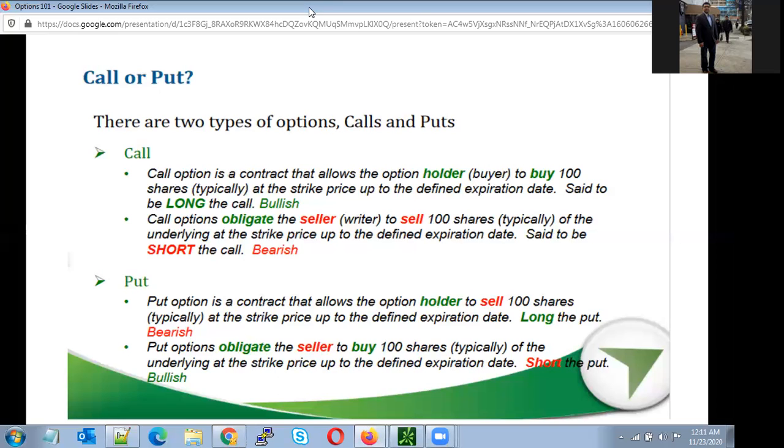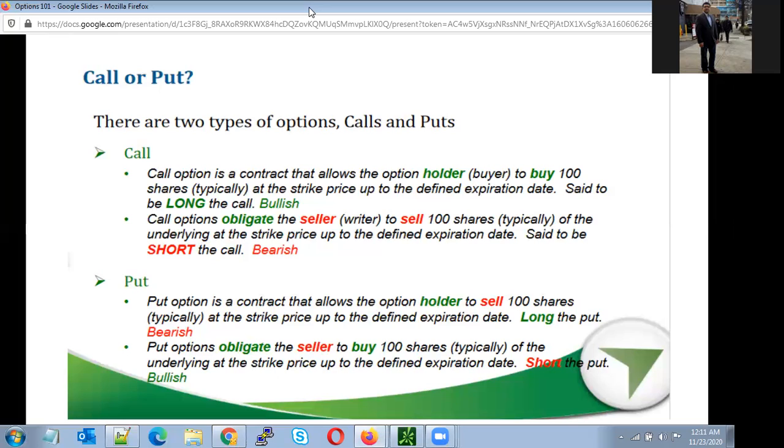If I need a $1 million insurance, I am going to pay a premium of $1,000 per year. If something happens to me, the insurance company has an obligation to pay that $1 million to me or my family because they got the premium. So the seller has an obligation to fulfill that contract.